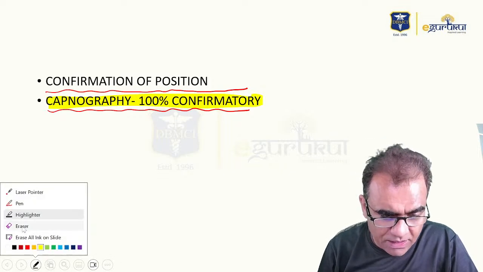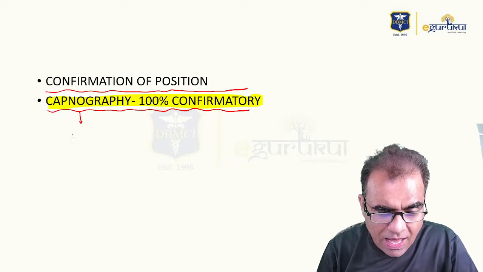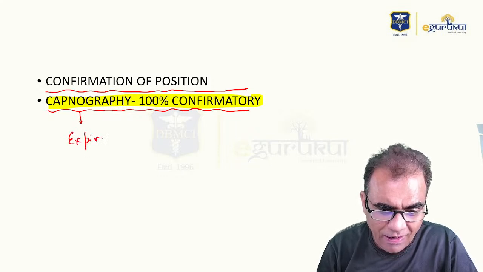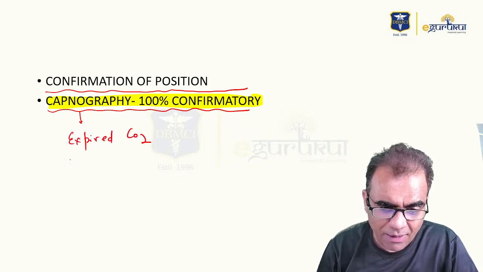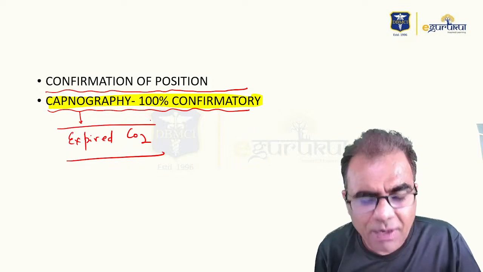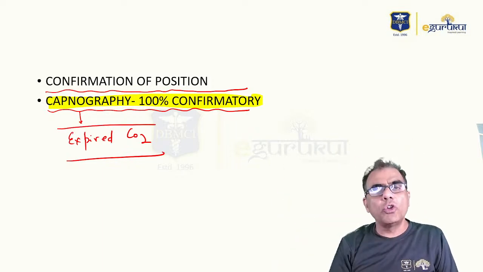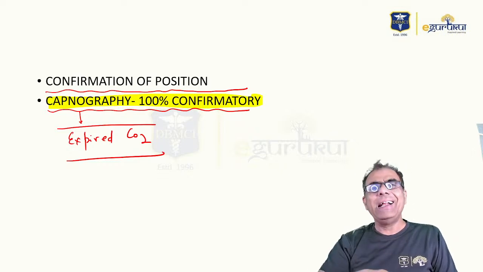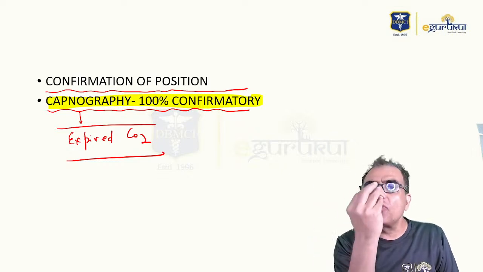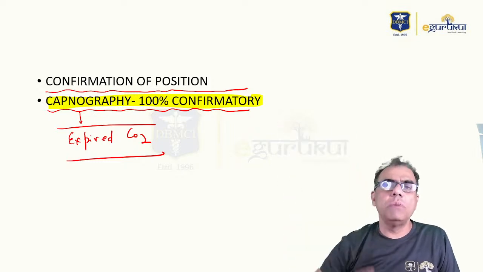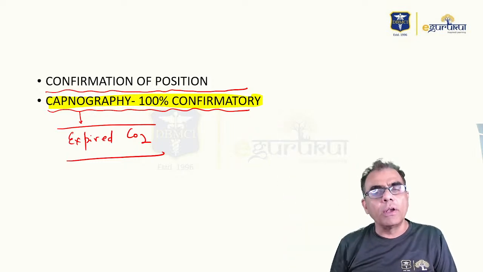You are measuring the expired carbon dioxide. Carbon dioxide will come out of the endotracheal tube only if the tube is in the trachea, which you can measure on your monitor.